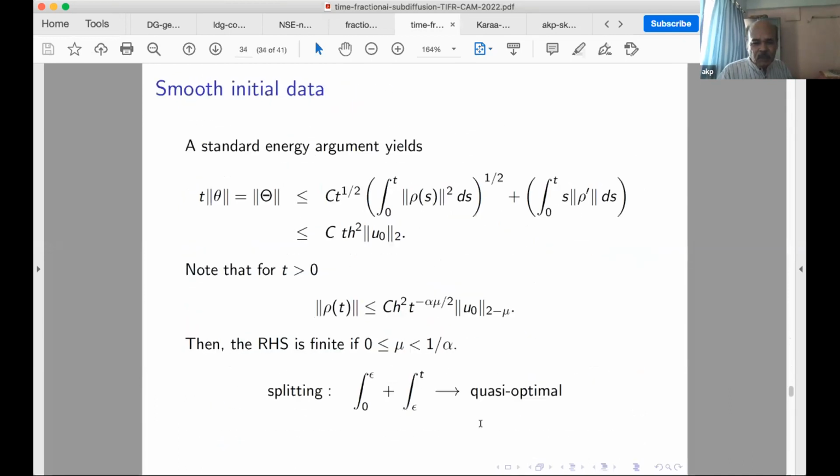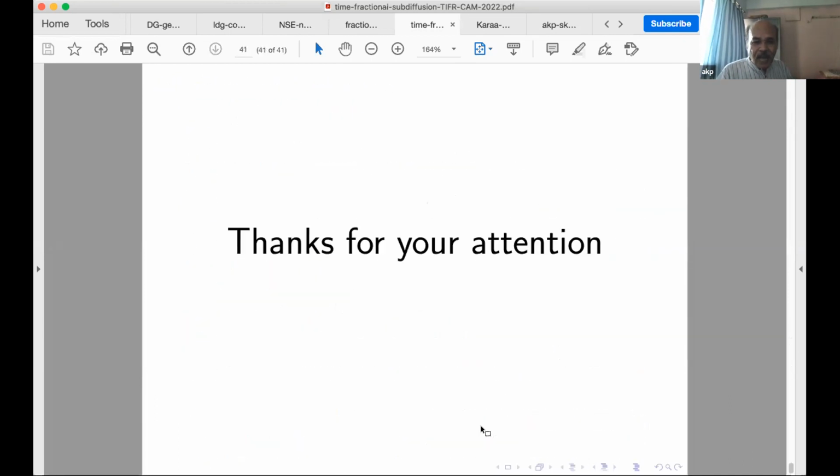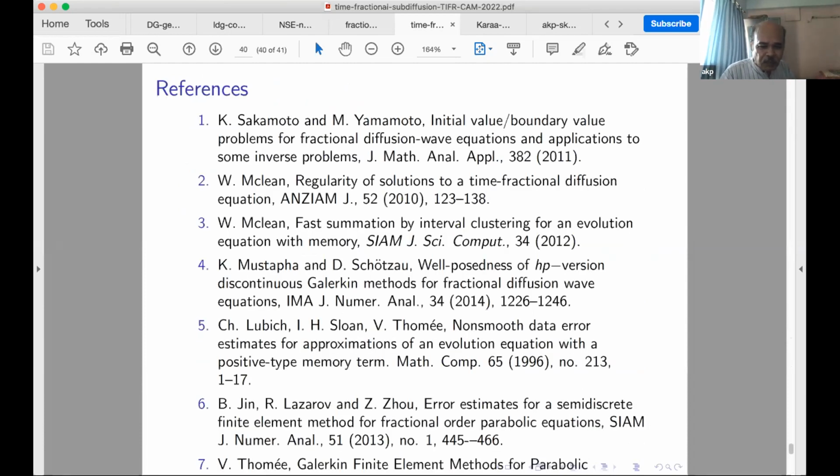Now, Vidar Thomee's book, The Galerkin Finite Element Method for Parabolic Problems, is the key book. People are trying to understand how far the results from parabolic PDEs can be extended to this, and a lot of people are working on it and getting interesting results. So this is a key reference to these studies.